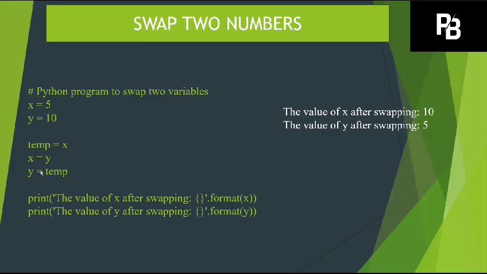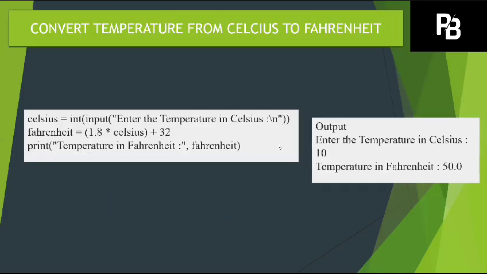Now temp value to y. So by using a third variable, this is a simple way how we can swap two numbers. Now I am using the print statement for printing the values of x and y. So this is another simple program of Python, showing how we can swap two variables.